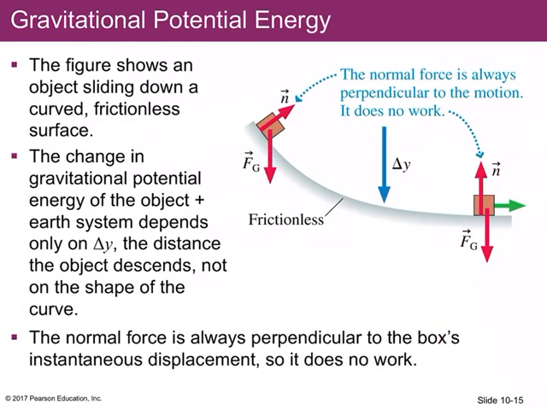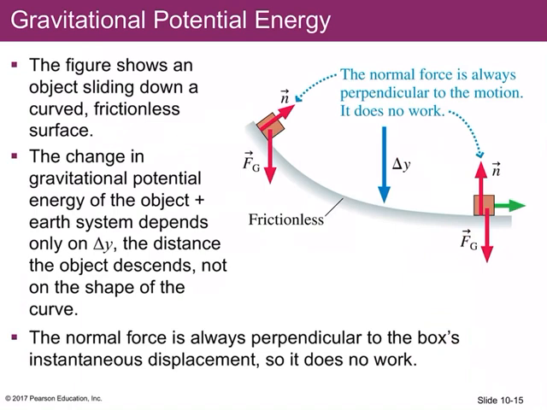So gravitational potential energy, this is showing you what happens if you have friction or frictionless. This figure is showing an object that's sliding down a curved frictionless surface, right? If it's at a slope, then our normal force is perpendicular to the surface, and the gravitational force is straight down no matter what.